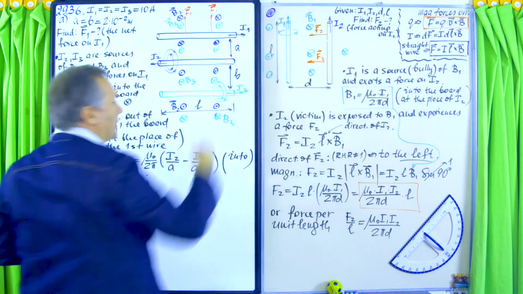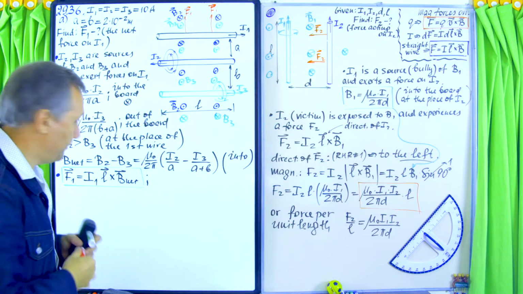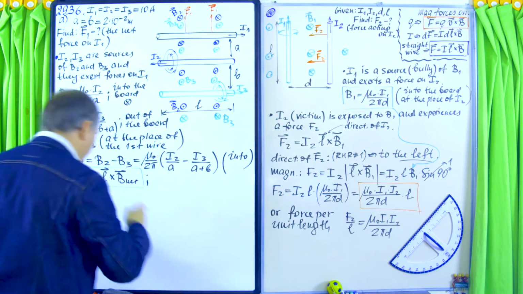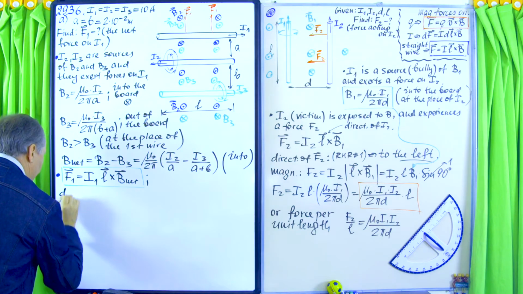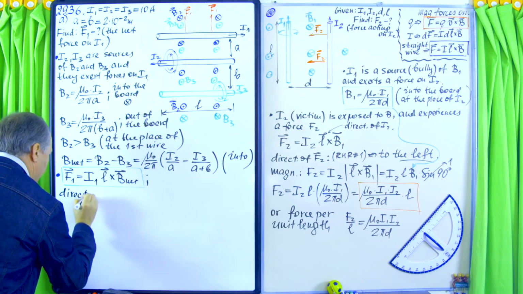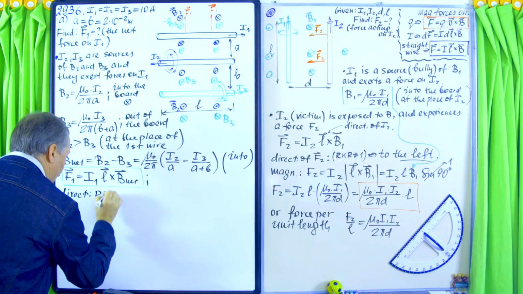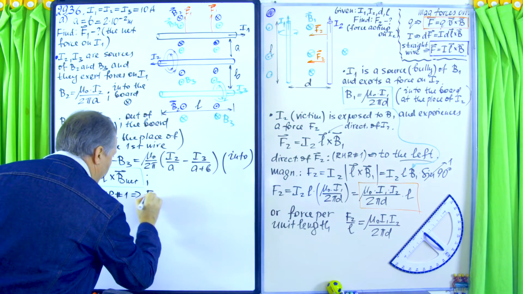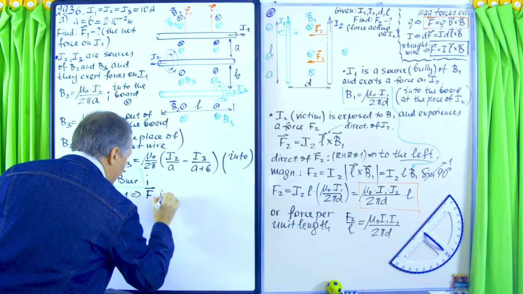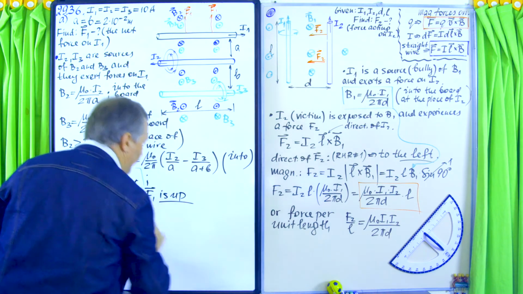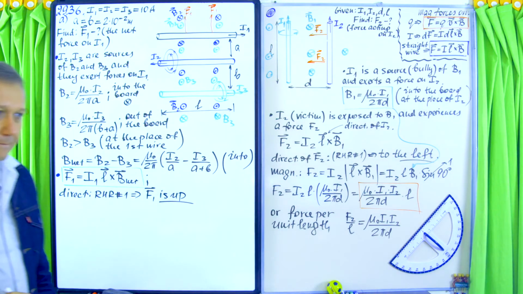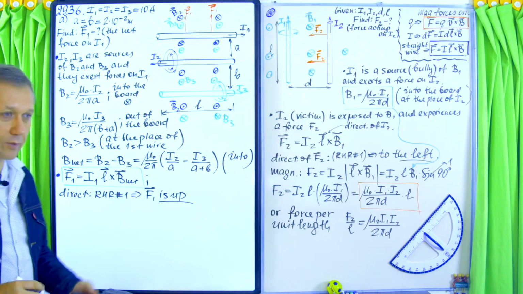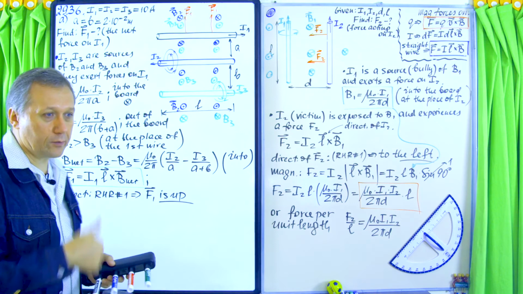F1, I can draw as many as I want, but it should be enough. So right hand rule number 1 gives us that F1 is up, right? Again, you need to remember that the direction of L is determined by the direction of the current, and then typical right hand rule.